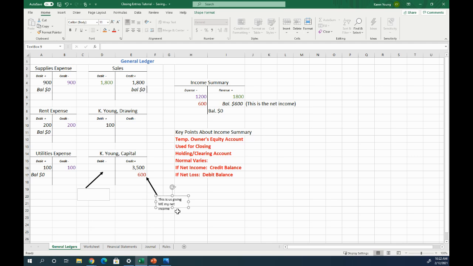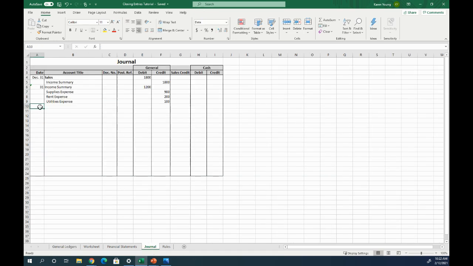So this $600 is the result of revenues minus expenses. So this is what I cleared after I earned my sales and paid all those expenses. That's my net income. So let's journalize this transaction together. It's going to be in my journal on the 31st.